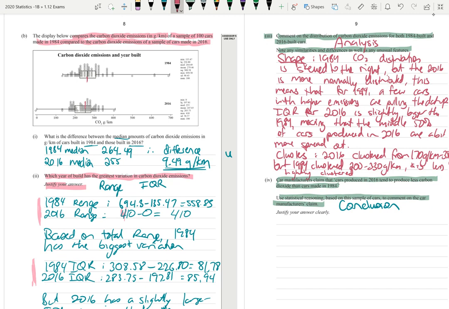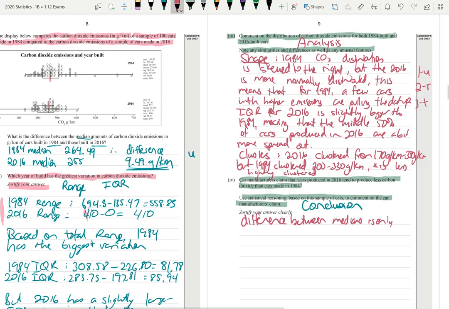Okay, so the difference between medians is only 9.49 grams per kilometer, which is not significant.